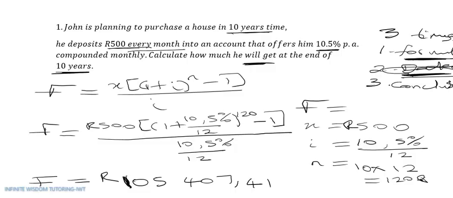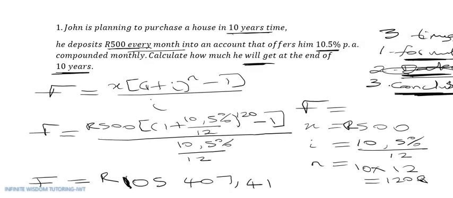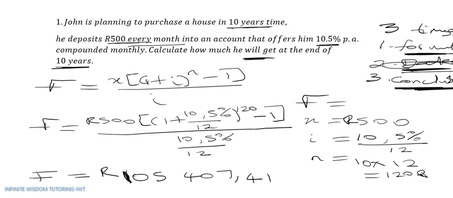So now we read the question again for the third time in order to conclude. It says calculate how much he will get at the end of 10 years. So now we can make a beautiful conclusion at the end and say he will get 105,407 rand 41 cents. So that is it for the first question.